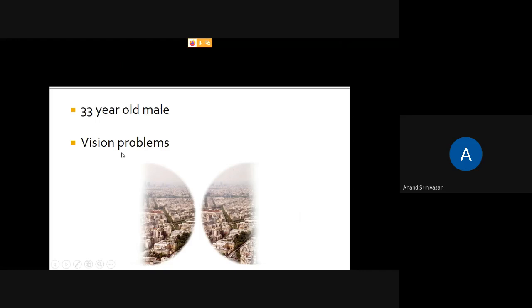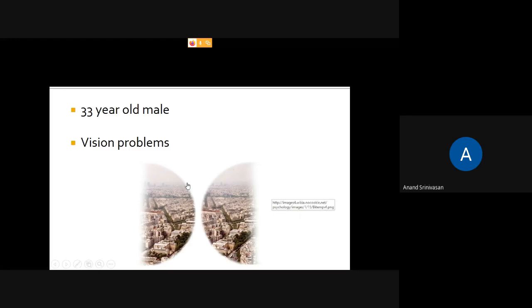Now here you can see a 33-year-old man coming with vision problems. When you test the vision, what vision is he having? He is able to see only the structures which are in front of his eyes.